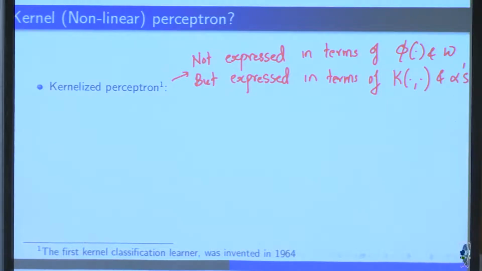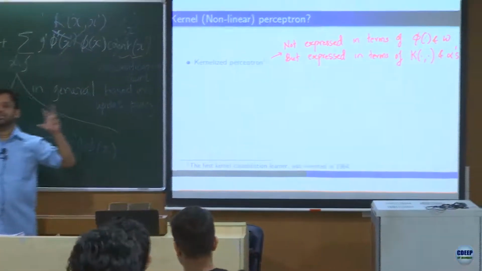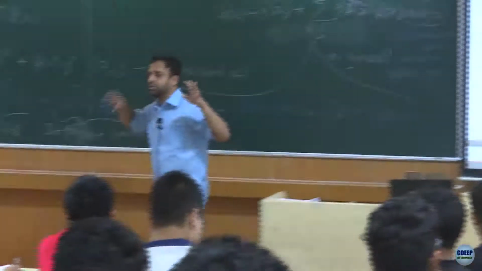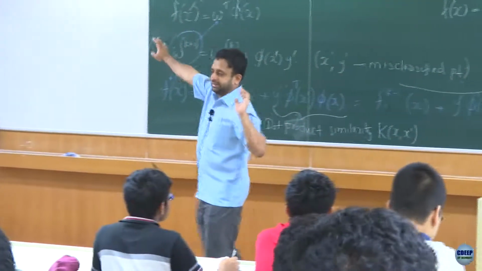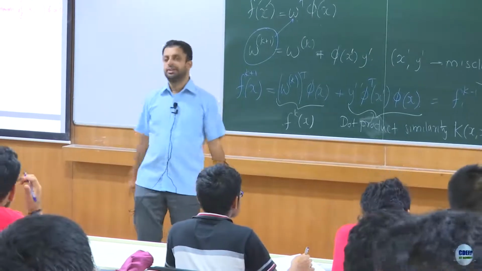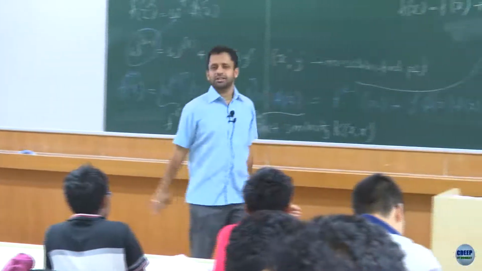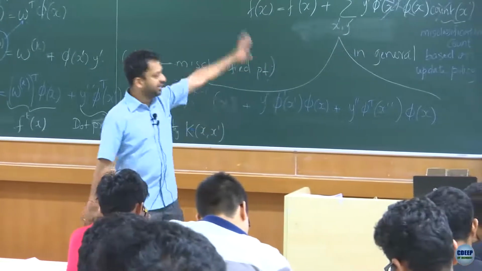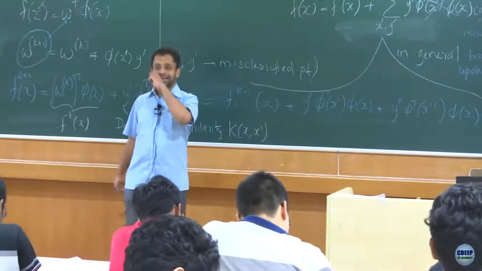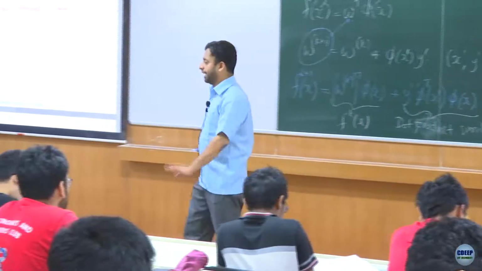One suggestion is that since misclassification based count depends on the update policy, you could treat count as a function not only of x prime but also of all the previous weights, whatever the parameters. I think that's not so important. I hope you understand the spirit. Now let's write kernel perceptron directly, without involving phi, without involving w anywhere.